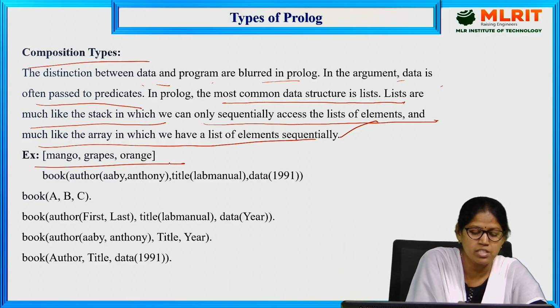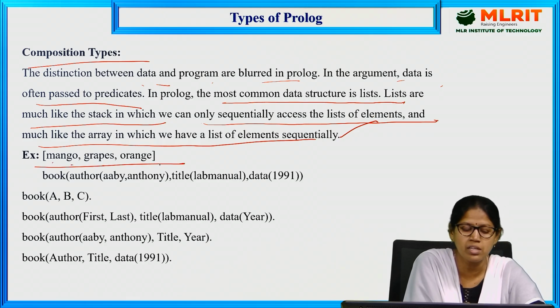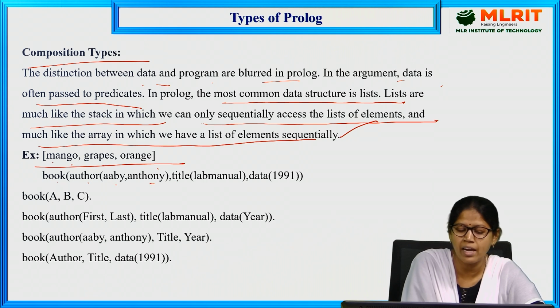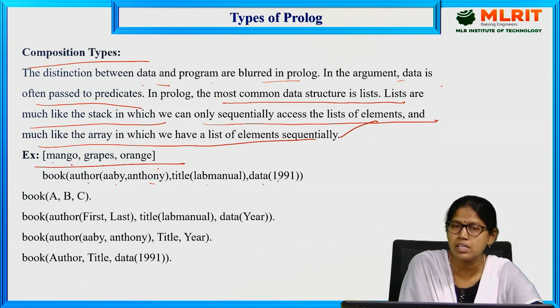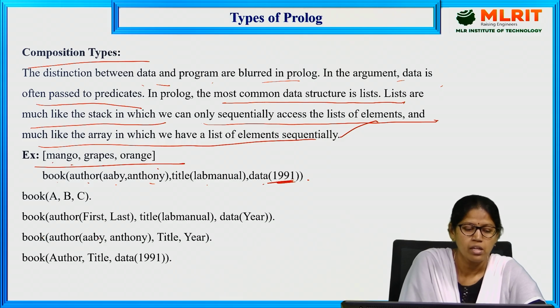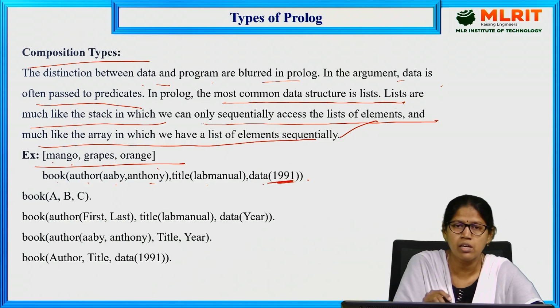Let's see this one, list: mango, grapes, and orange. Otherwise we can write author name Abby, Anthony, title of that book, and date, the year of publishing. Like that we can write the composition. Not only one data type, we can mix multiple data types here.